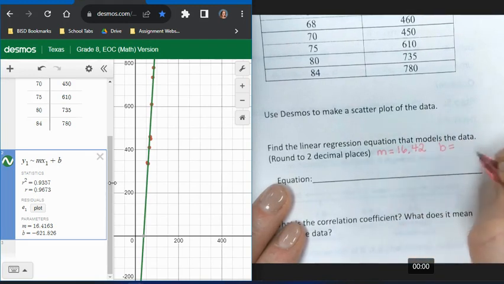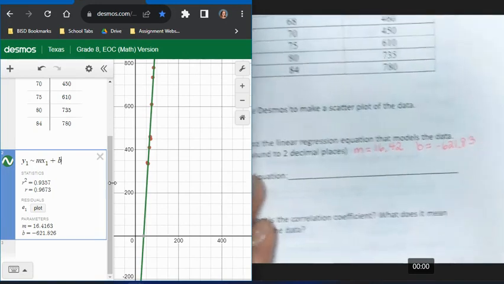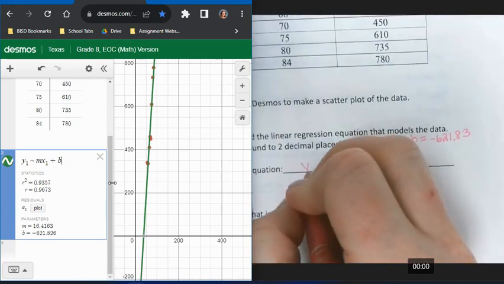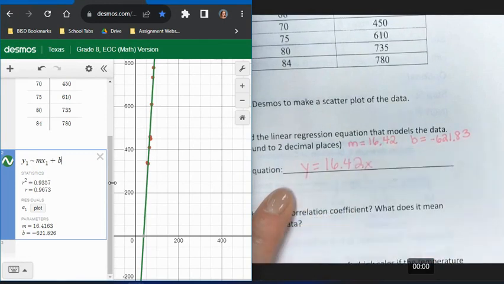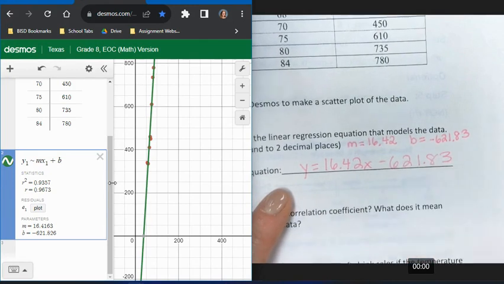And then B to 2 decimal places is negative 621.83. Write your M and your B, and write your equation: y equals 16.42x minus 621.83.